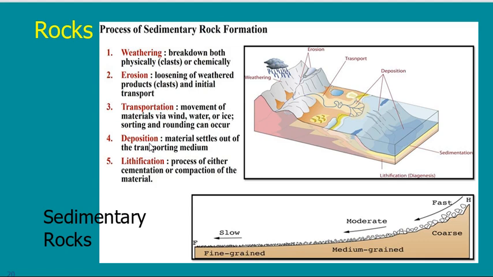By the way, this happens in the delta. You know what the delta of any river is? In the delta of the river Nile, what do we say about this delta? That it is very fertile and very good for cultivation. Why? Because it does not contain any big pieces. It is just clay, fine material. This material came from Ethiopia and from Sudan and from very long distances away.